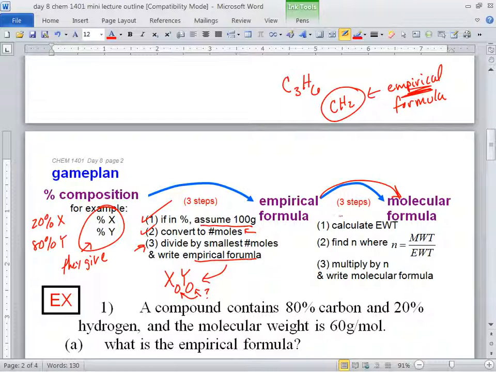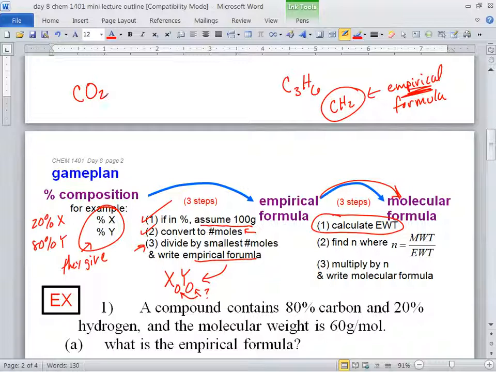So what you do is you calculate the empirical weight. Wow. What the heck? Dylan, if I said calculate the molecular weight of CO2, what would you do? Calculate molecular weight. It was better if they would have said molar mass.